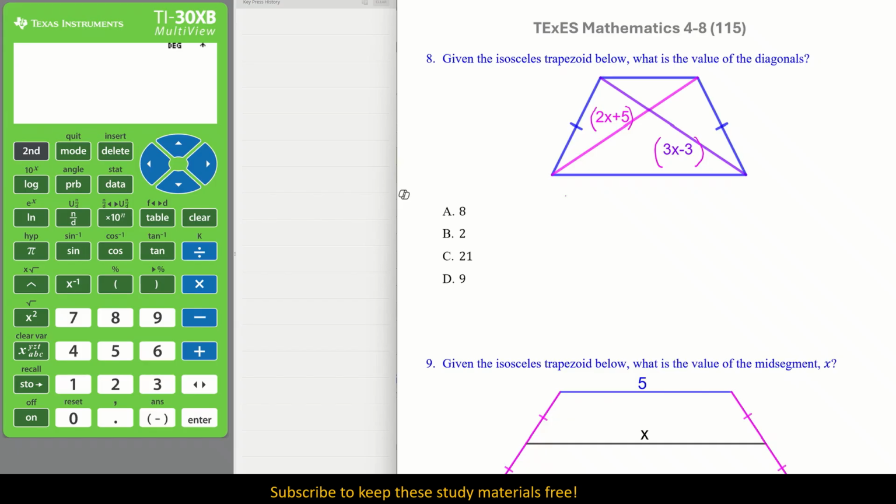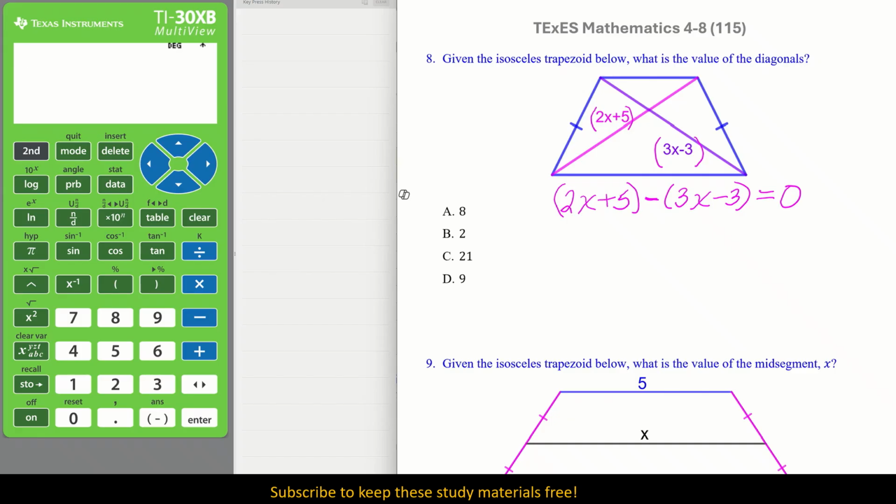Absolutely. So we are going to put this in the calculator. That one's all together. That's one diagonal minus the other diagonal equals 0. And the reason I'm using parentheses is because you could subtract the other way.